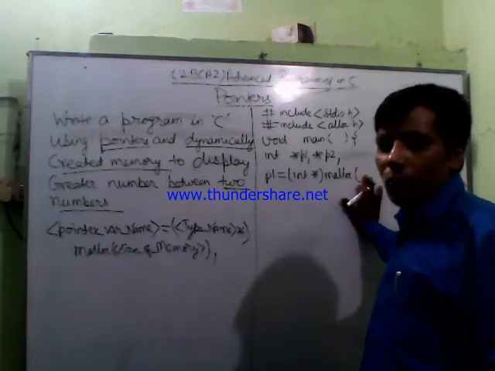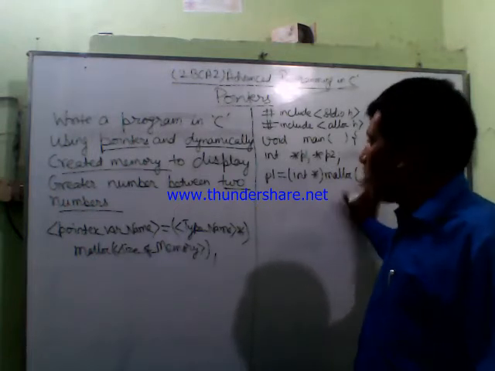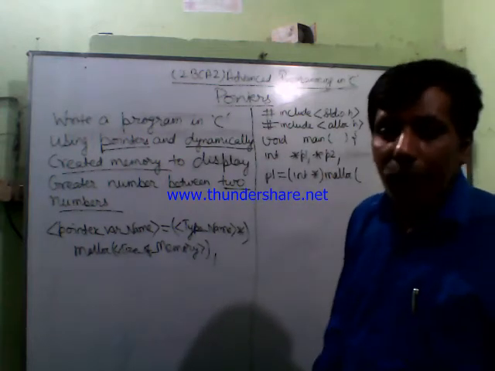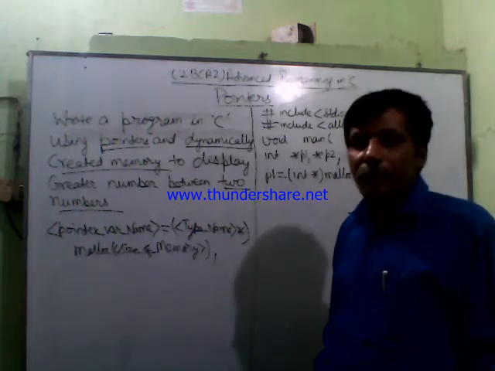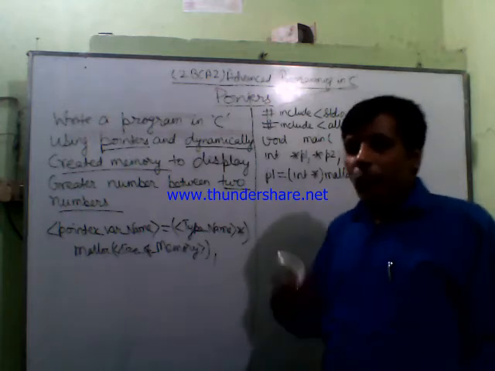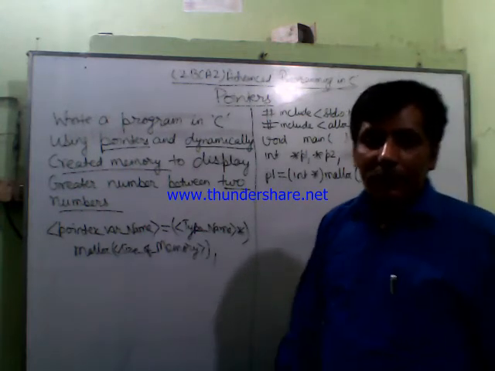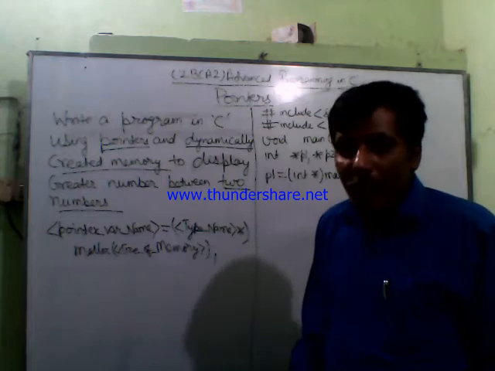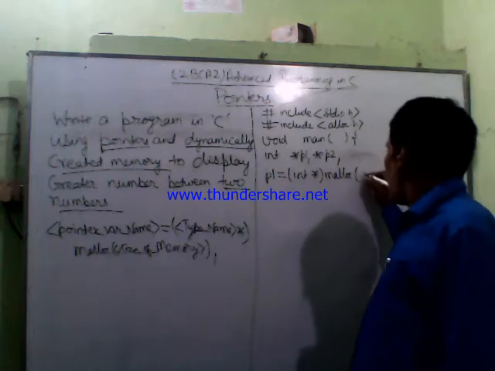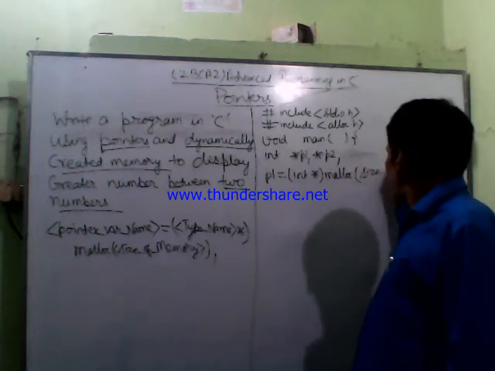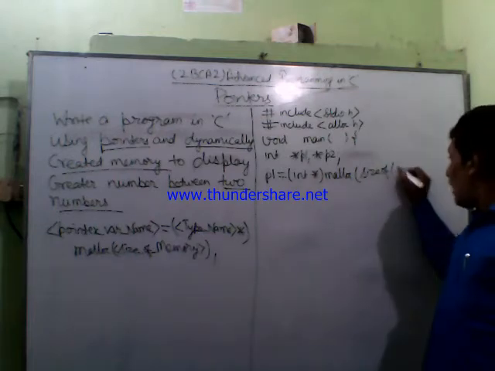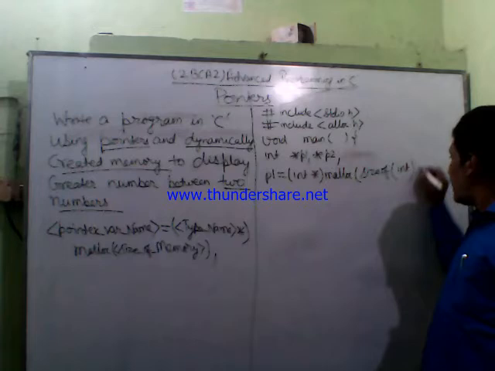In case you do not know what amount of memory is allocated for integer type values in computer's memory by a C program, then you can calculate the size of the integer data type by making a call to another operator function, sizeof, within the parenthesis of malloc, and you have to write in the parenthesis int.